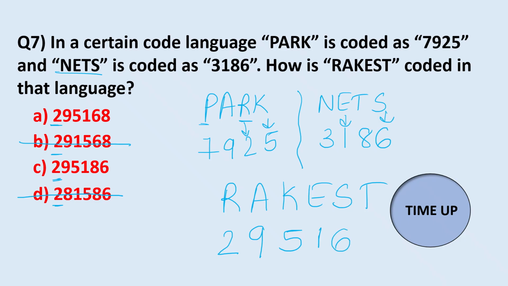S is coded as 6. So 29516. Option C is eliminated. So the correct option is option A. And T is coded as 8. So this will be your answer. Understanding? They have just assigned a particular number to a particular alphabet. That is the logic here.